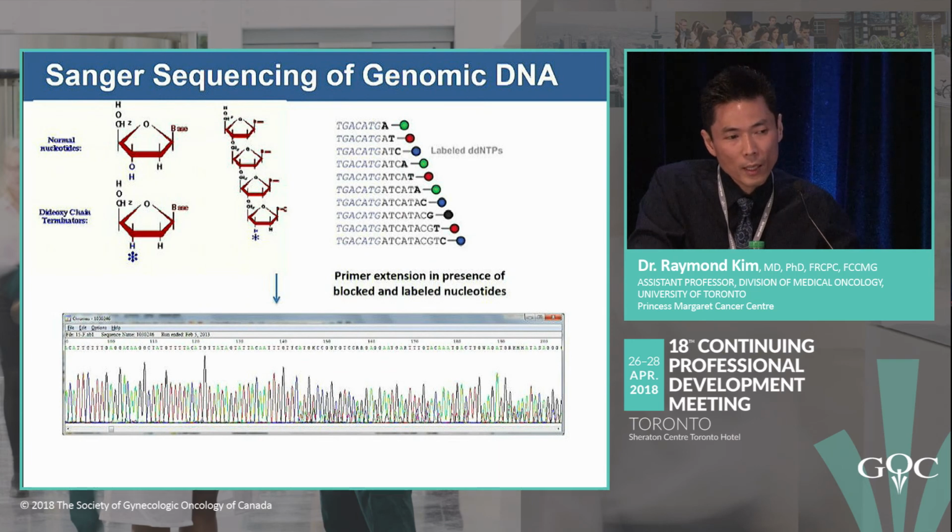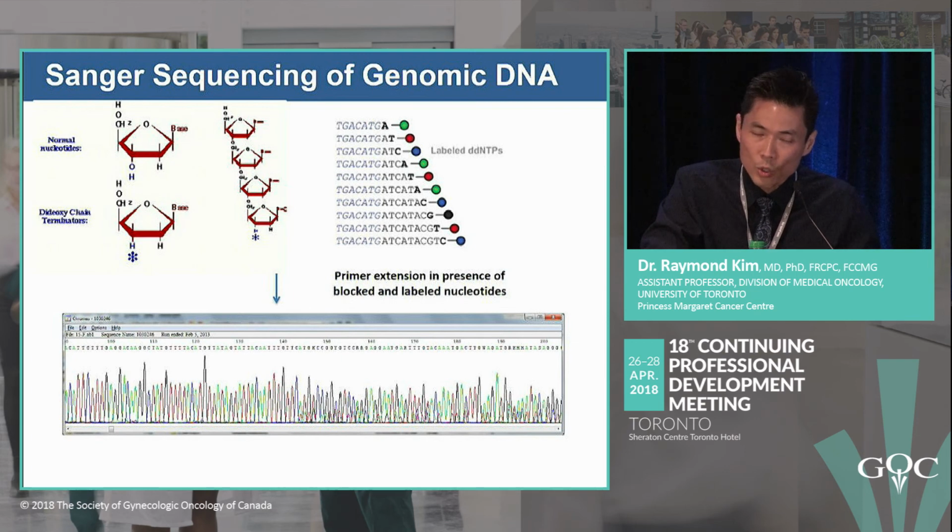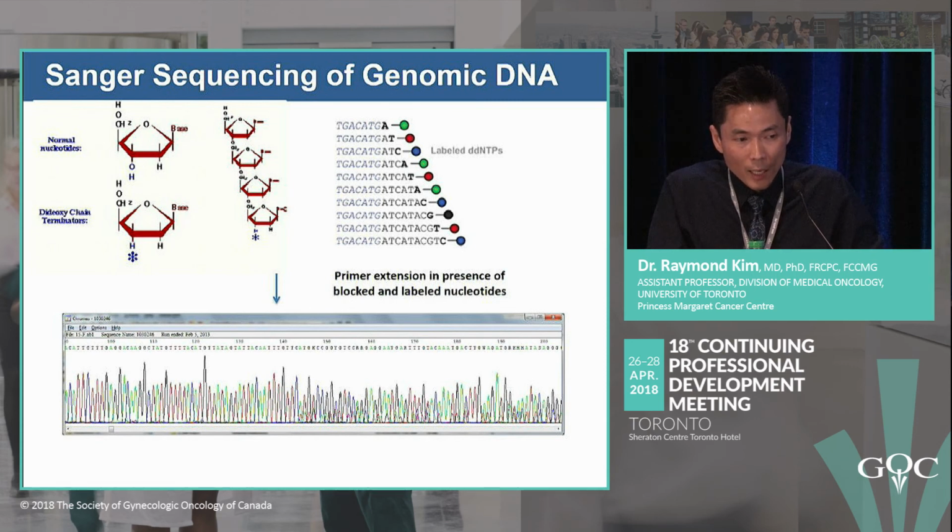So a little bit about old analyses and new analyses when it comes to genetic technologies, and I'm going to focus on the germline. Back in the day, Sanger sequencing was the way that the human genome was sequenced. And I'm quite certain a lot of people learned in biology, where you create some synthetic nucleotide which causes a chain termination.